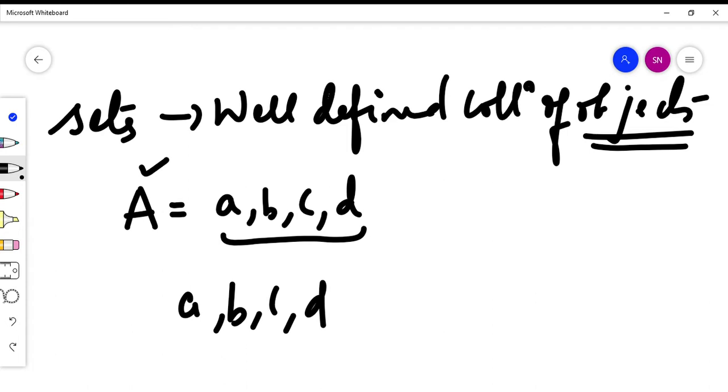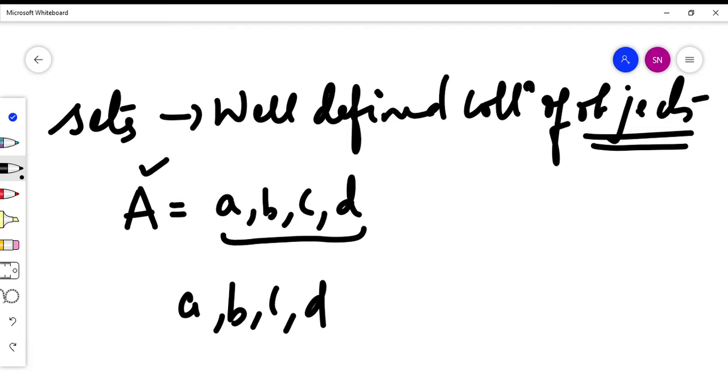Once again, I define a set as a well-defined collection of objects. A set is always denoted by a capital letter, and elements inside a set are always written in small letters. Now you would ask me a question: if I have to consider numbers, I cannot differentiate between lowercase and uppercase. Here lowercase is your small letters and uppercase is your capital letters.